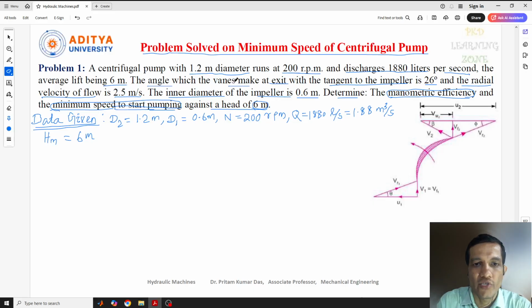The angle which the vanes make at the exit with the tangent to the impeller. Now we will come to this diagram here. So this is the velocity triangle at the inlet condition. Okay, so this is the inlet velocity triangle. And here you see this is the outlet velocity triangle.